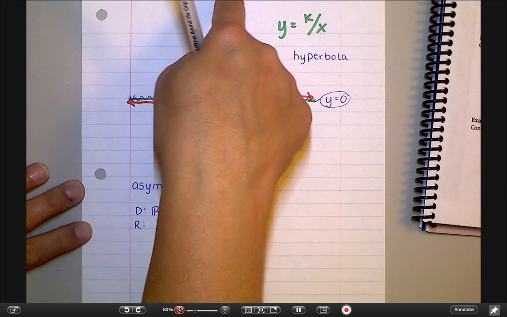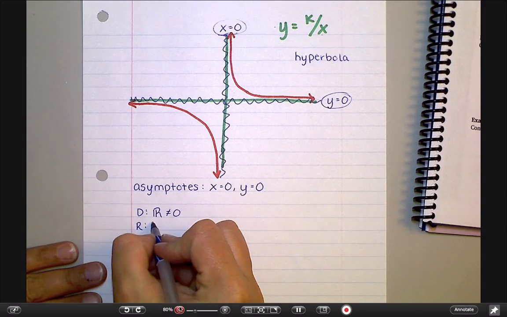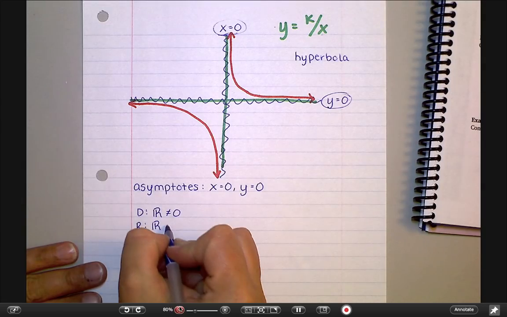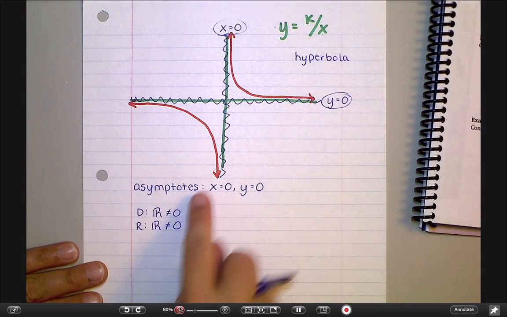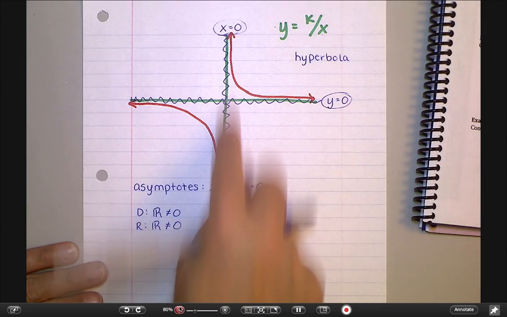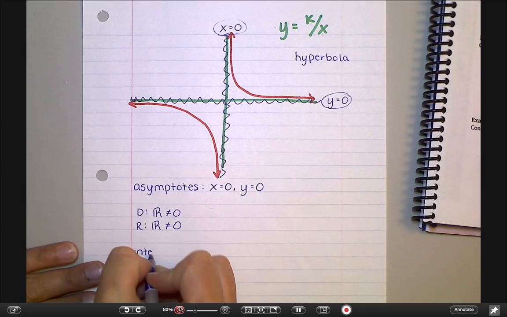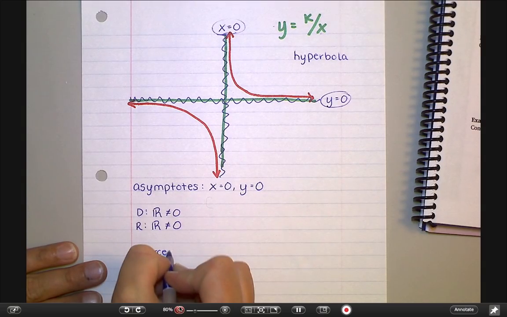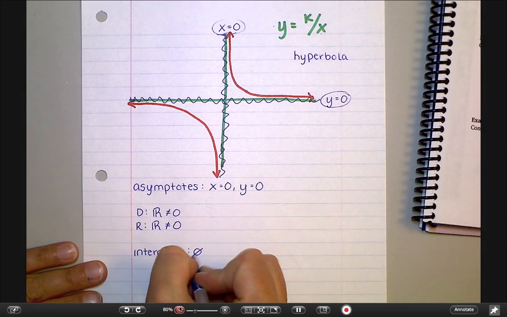This guy goes up forever, this guy goes down forever, so we cover everything up and down. What we don't cover is 0 itself. And if we're never crossing the x-axis and y-axis, then we don't have any intercepts. This particular graph does not have intercepts of any kind. No intercepts.